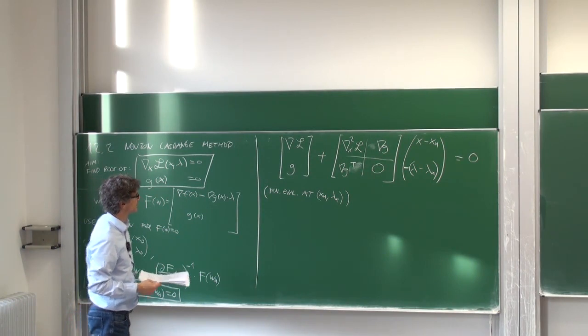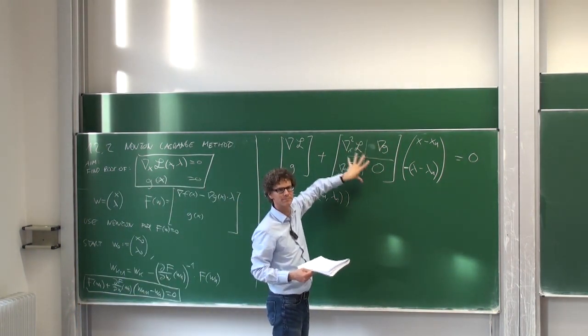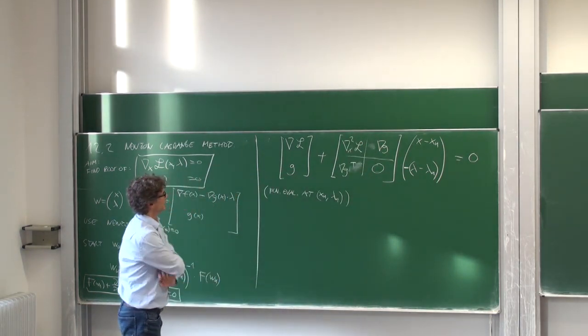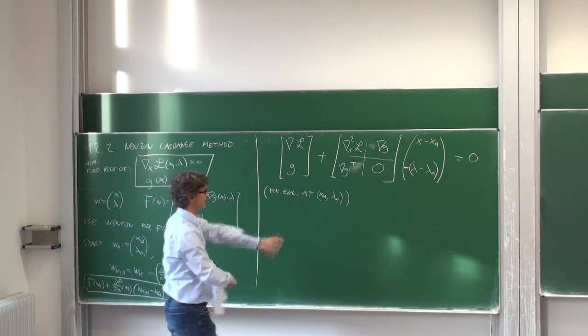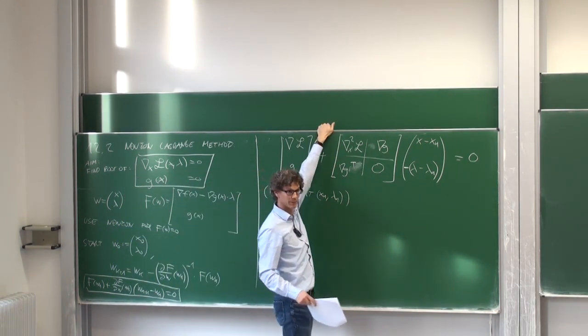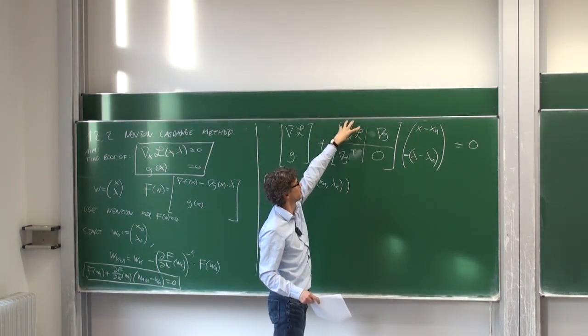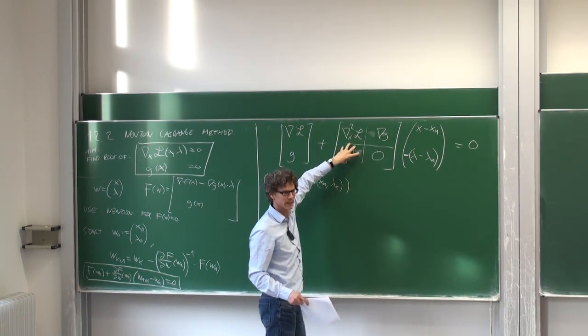And now the question is, when would this be invertible actually? And the beautiful thing is, we had already this lemma that you will prove in the exercise sheet, that this matrix is invertible if that matrix is positive definite on the null space of that matrix.